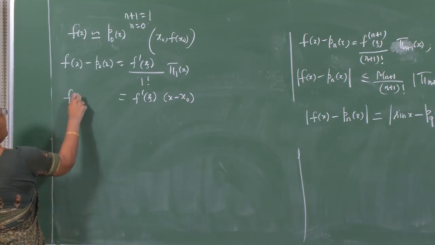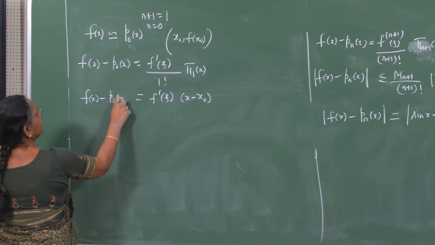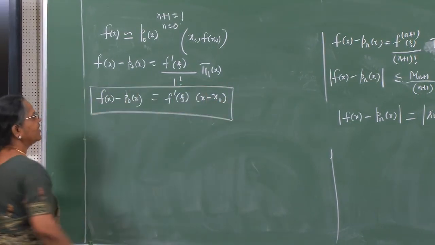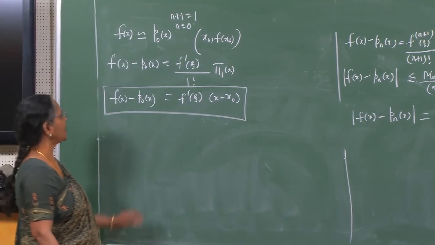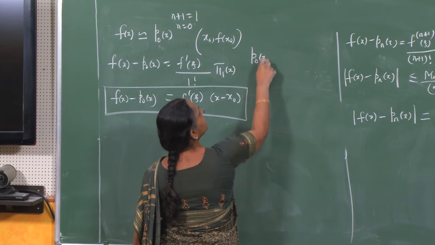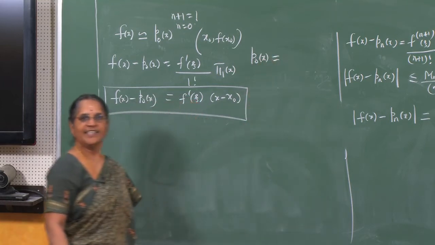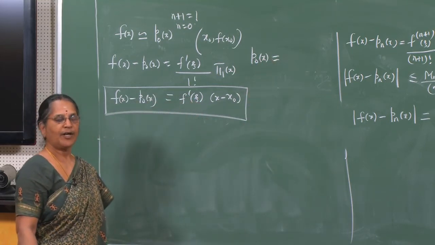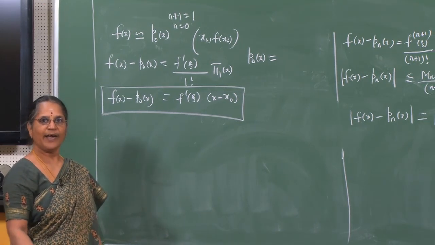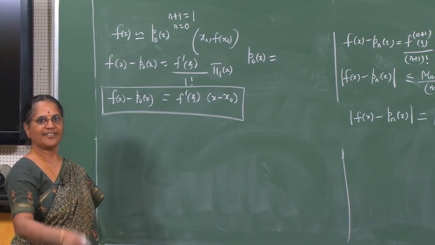So, f of x minus p naught of x is f dashed of psi into x minus x naught. What is this p naught of x? P naught of x is a polynomial of degree 0. What is its property? It interpolates the function f of x at x is equal to x naught.